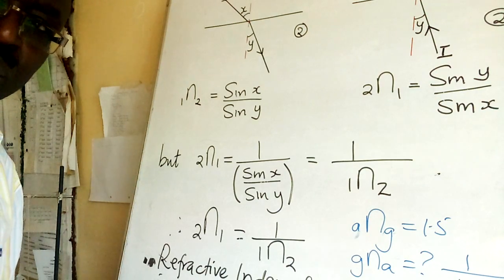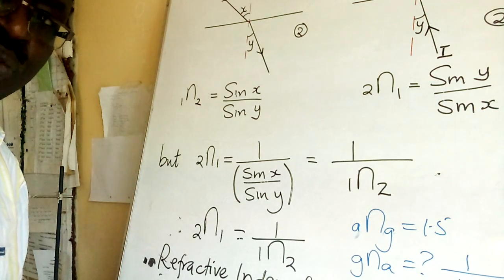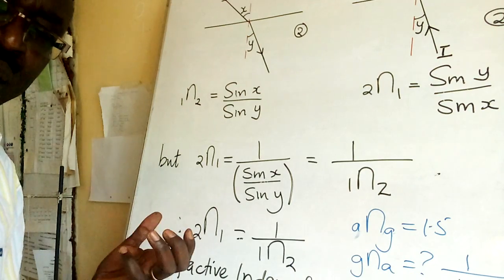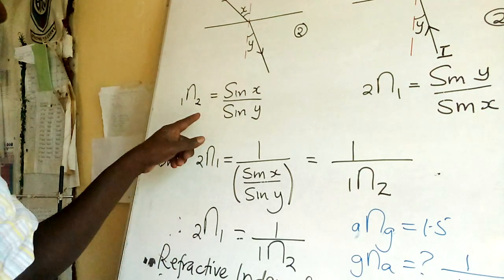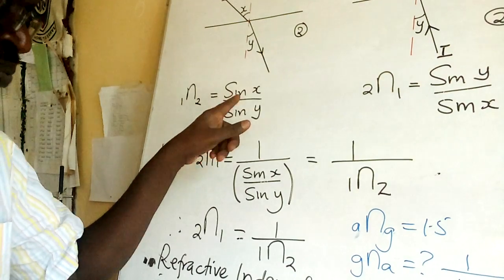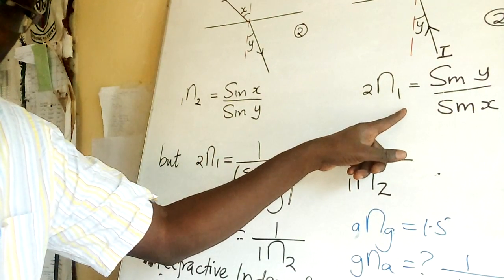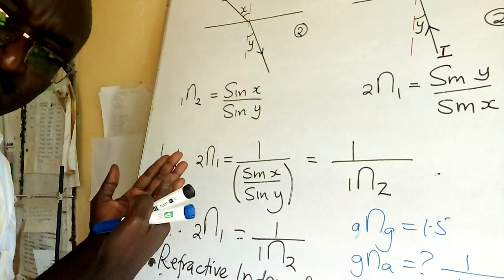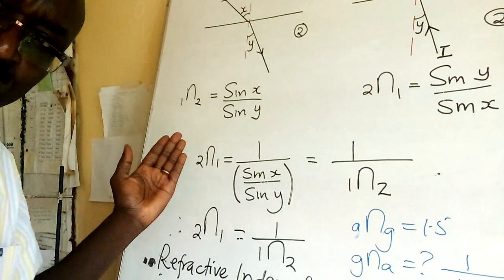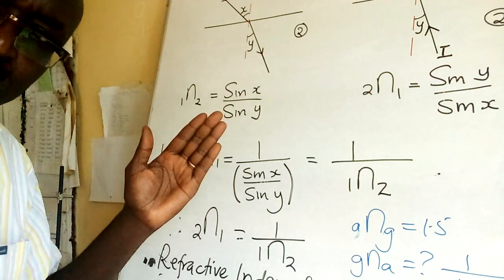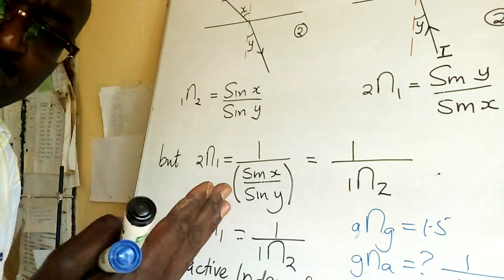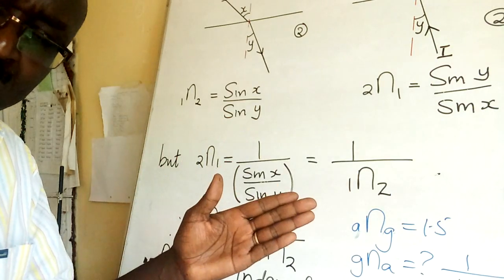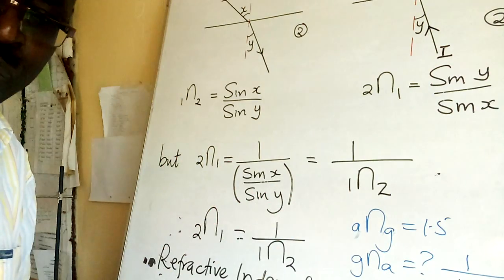Next lesson we shall introduce 2 more formulas. This is formula number 1, very important. Formula number 2, formula number 3, which relates 1n2 and 2n1, so that you know what happens from medium 1 to medium 2, what happens from medium 2 to medium 1, and what relates them.